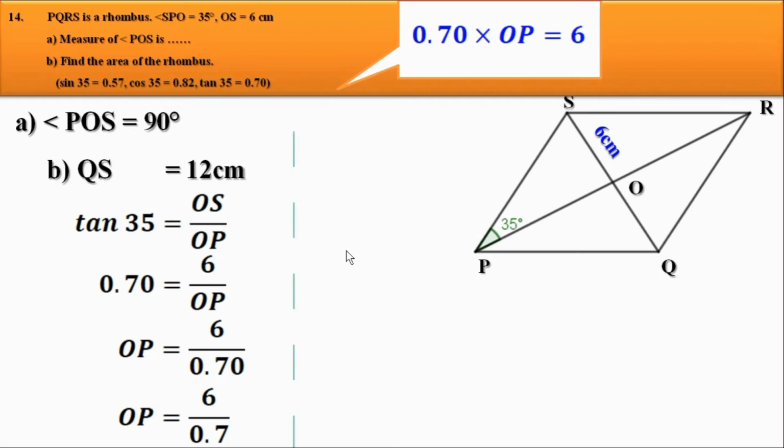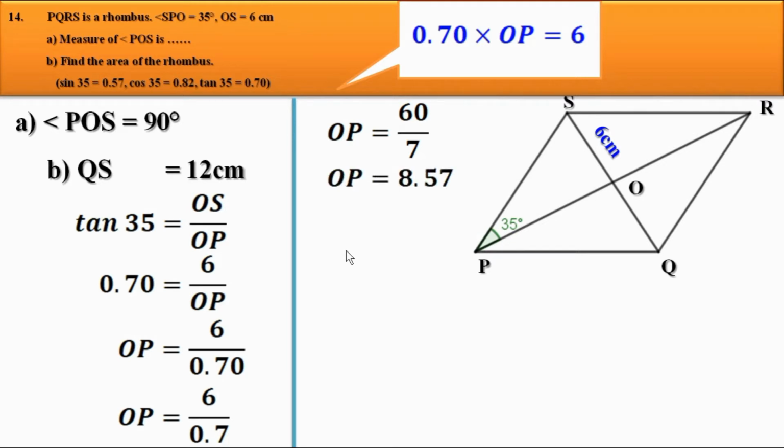Multiplying both numerator and denominator by 10, we can write it as OP equal to 60 by 7. Dividing, we will get OP equal to 8.57 approximately. So we got OP equal to 8.57. We know the diagonals are perpendicular bisectors. So OR is also equal to 8.57. Therefore PR equal to 2 times 8.57.